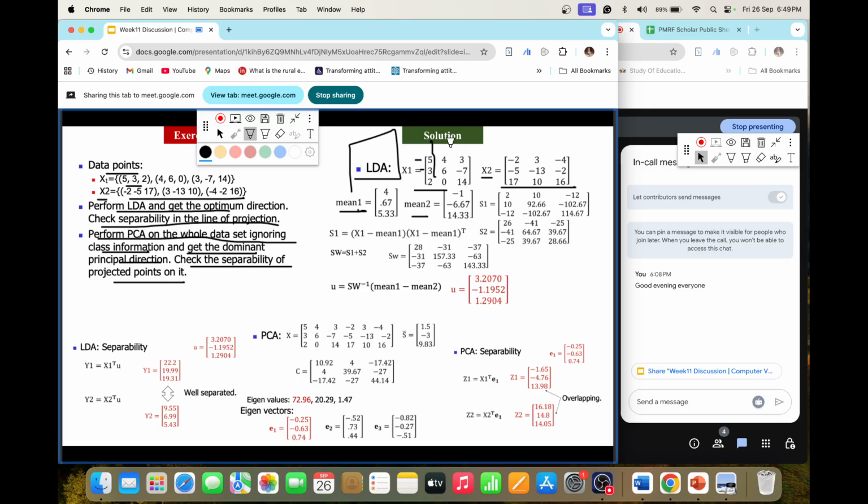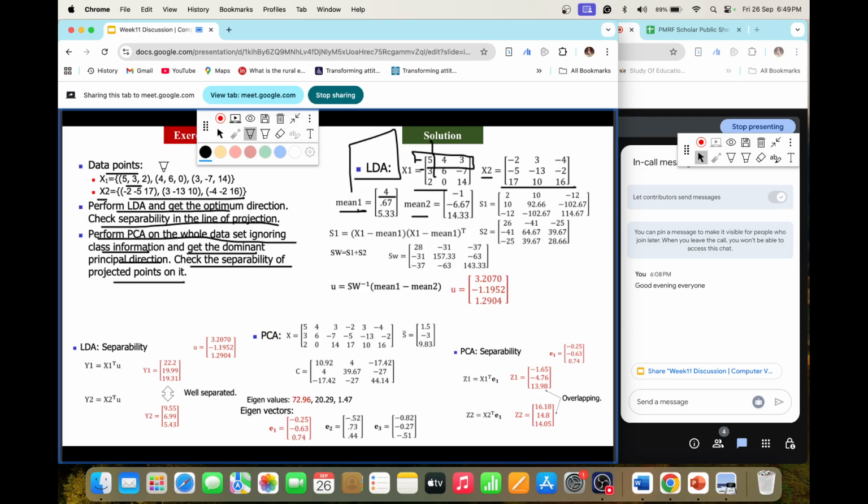So for each attribute you find the mean: 5 plus 4 plus 3 is 12, divided by 3, is 4.